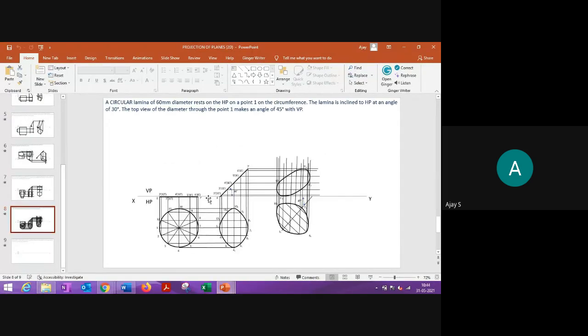Yeah, this is circular lamina. I'll just compare this.